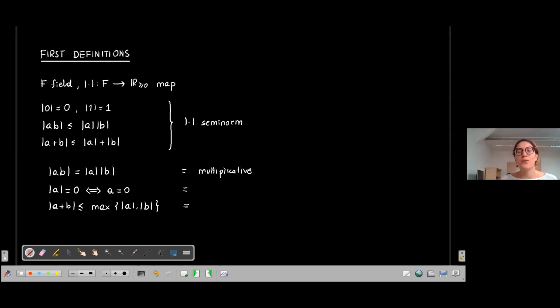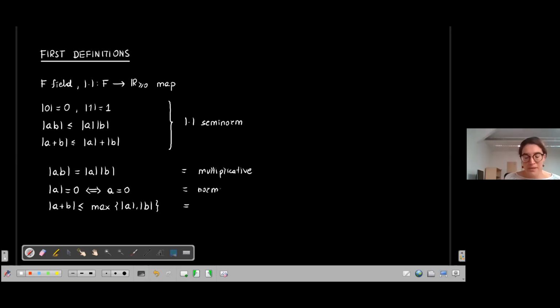The reason why I use the terminology semi-norm and not norm is that we call it a norm when 0 is the only element that takes value 0 under this map. Then there is a further condition that I will refer to today as the strong triangle inequality.